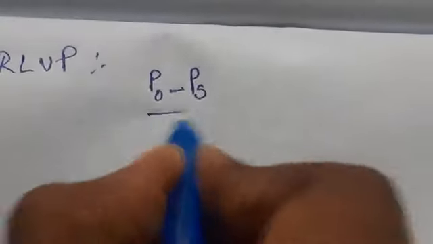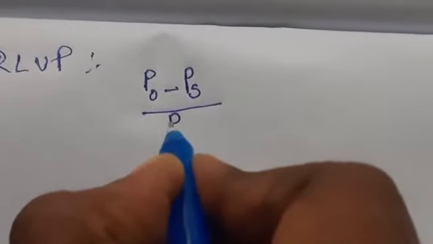Then what is related to lowering of vapor pressure? It is the ratio of the lowering of vapor pressure to the vapor pressure of the pure solvent.